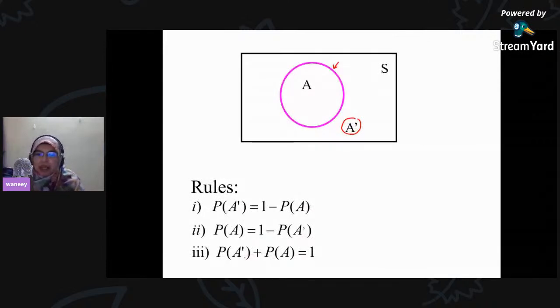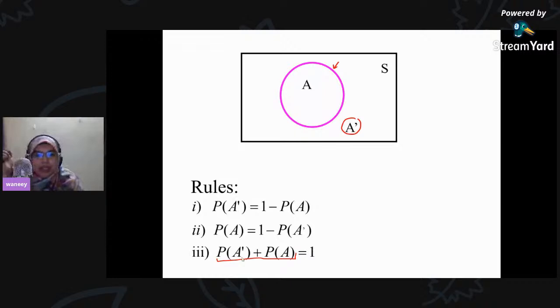If you add probability of A complement together with probability of A, this is our sample space. So altogether the chances equal 1. Probability of A complement plus probability of A should be equal to 1.